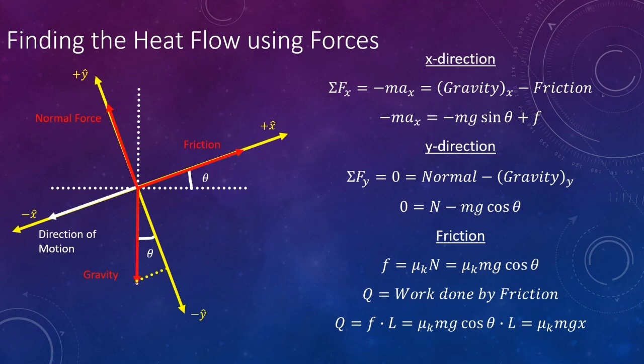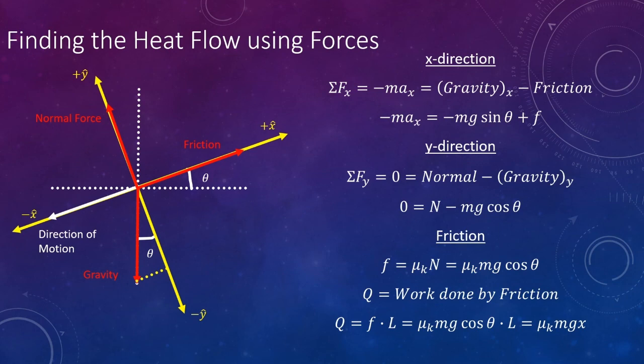You would basically solve for the force of friction, and the heat flow from friction would equal the work done by friction. And the force of friction in this case, when there's nothing else pushing on it, would be the coefficient of kinetic friction times mg times cosine of theta.